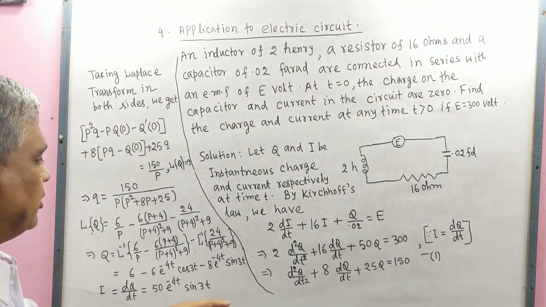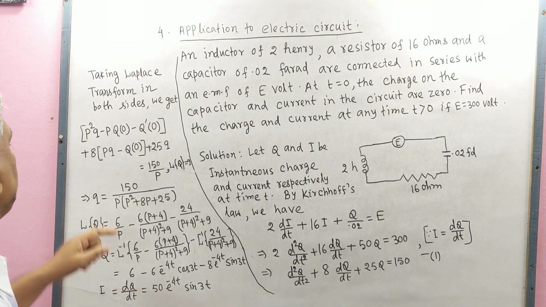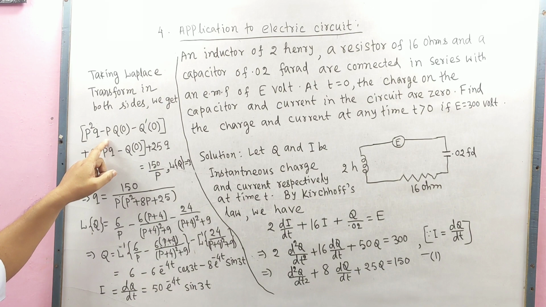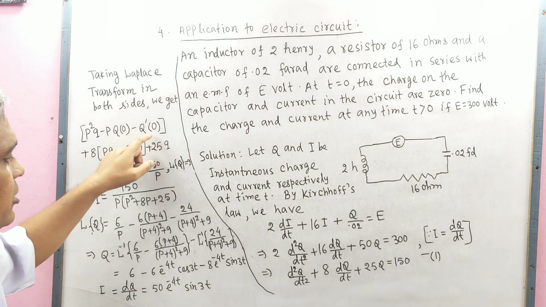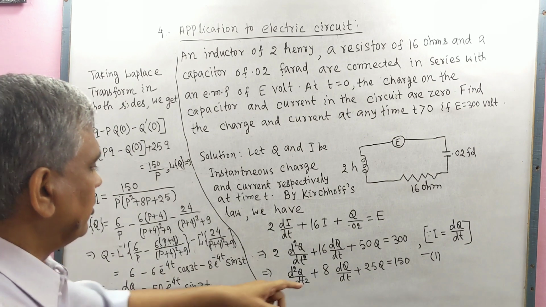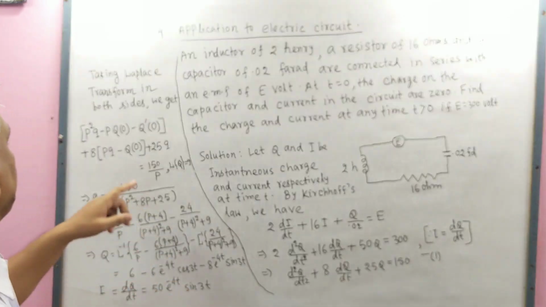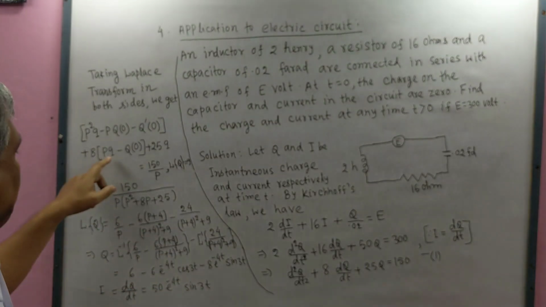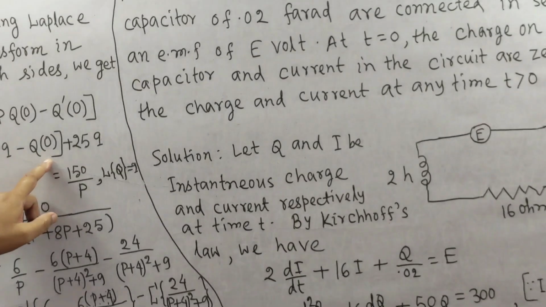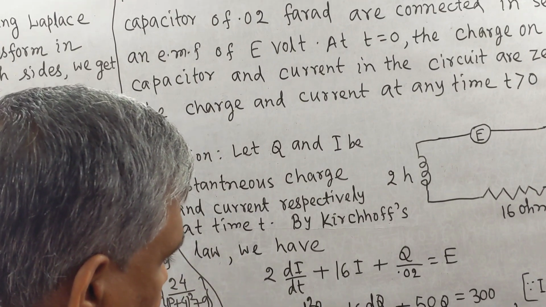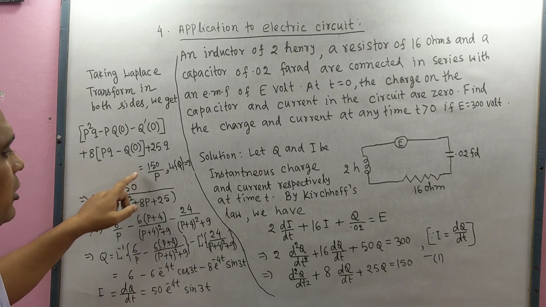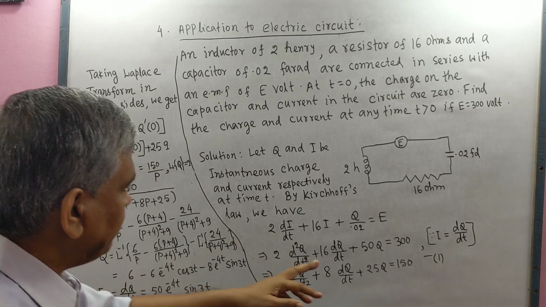So for the second order derivative we get p square L of capital Q, that is small q, minus p Q0 minus Q dash 0, Laplace transformation of this part, plus 8 times the Laplace transformation of this part, p L of capital Q means small q minus Q0, and plus 25 L of Q, L of Q is small q, equal to the right side, 150 into 1.